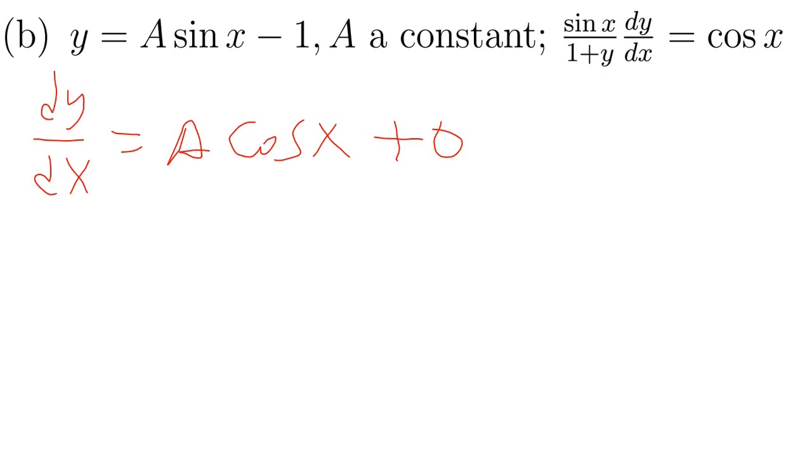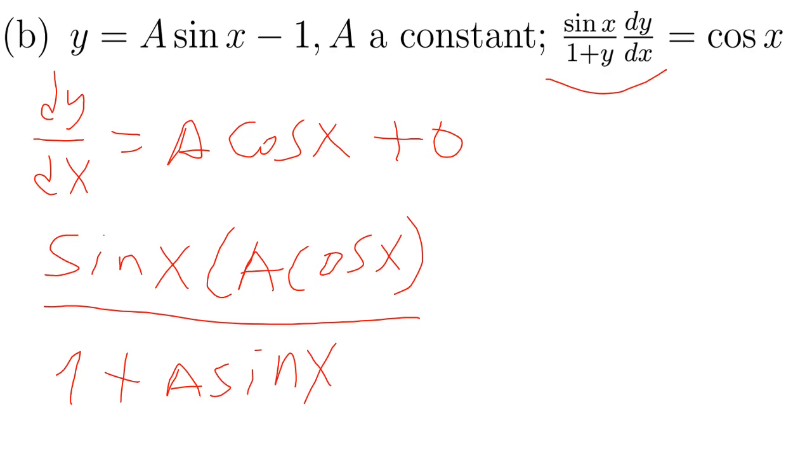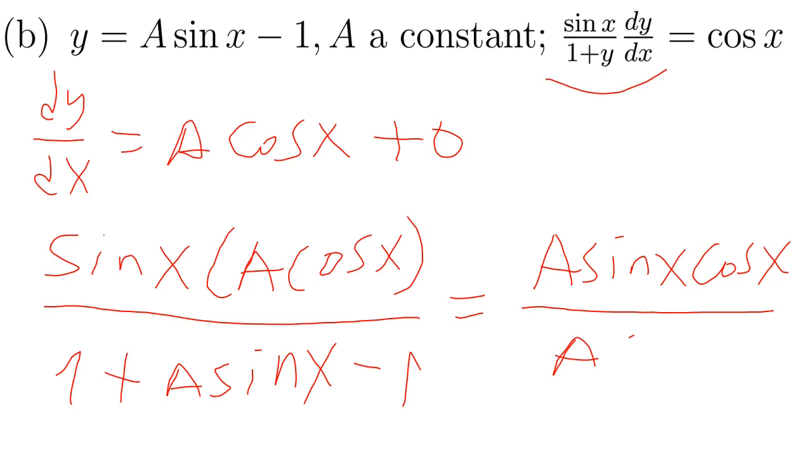So replacing dy dx in the left hand side of our differential equation, you obtain sin x into dy dx, which was given by a cos x obtained above, divided by 1 plus the function y, which is a sin x minus 1, which is equal to a sin x cos x on a sin x.